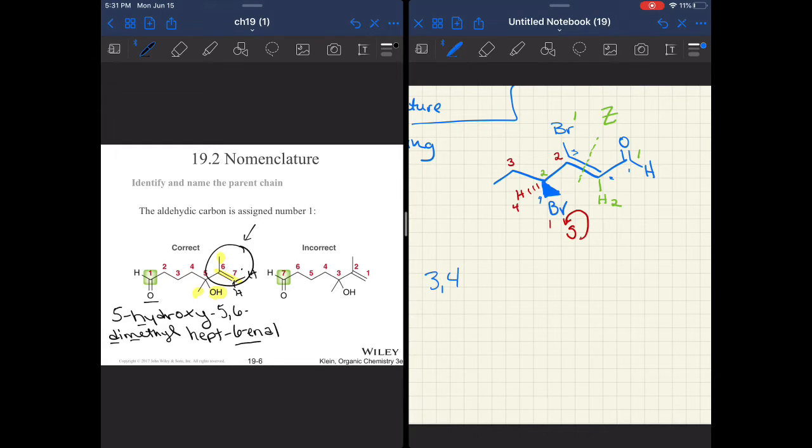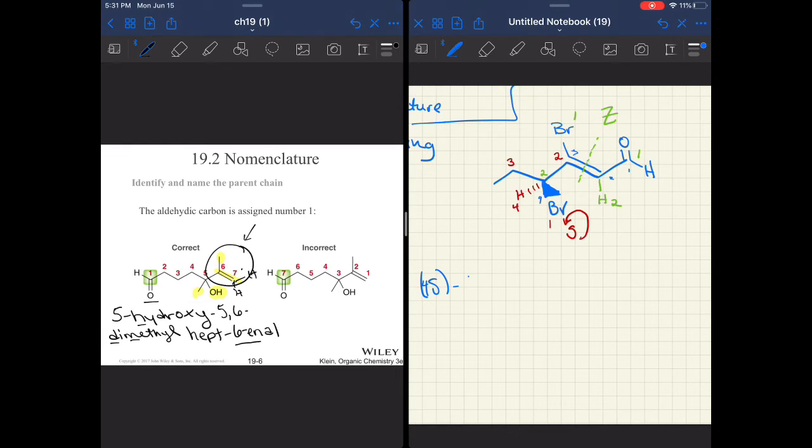I have a 3,4. Actually, hold on, I am messing up. This is an S compound, so I'm going to report that first. I'm going to go ahead and put that at the beginning. You can put a number or not if there's only 1 chiral center. You should put the number with it if there is more than 1. So in this case, if you were going to put a number, you would put 4S.